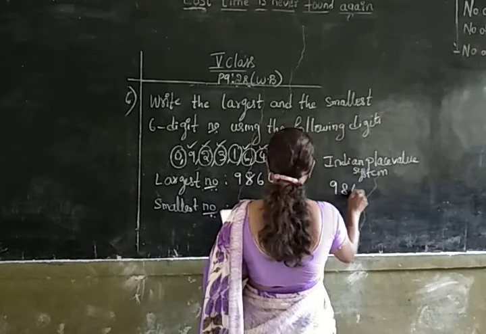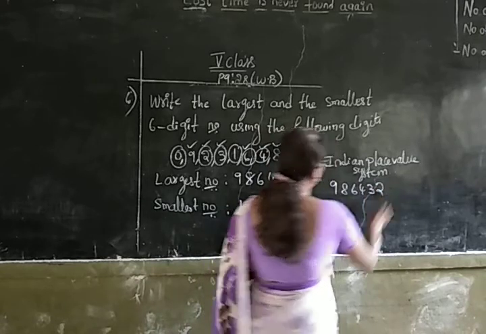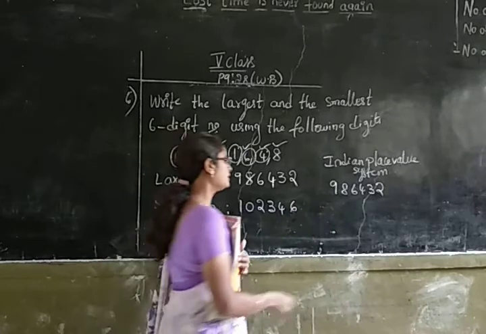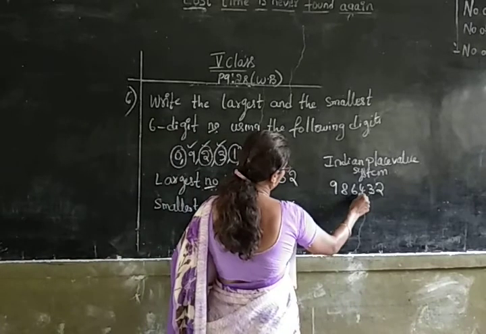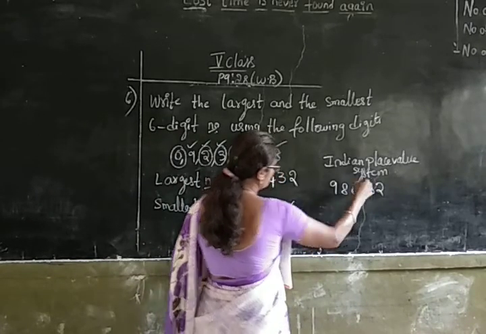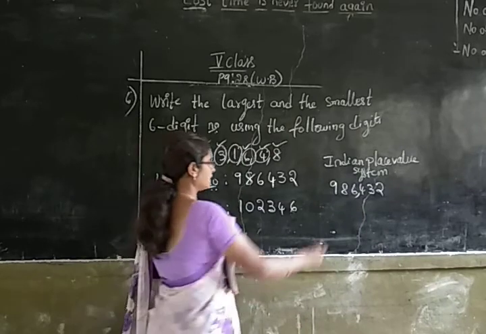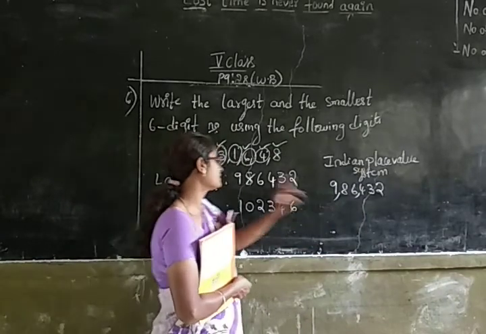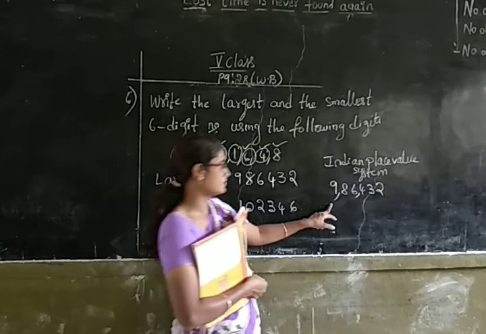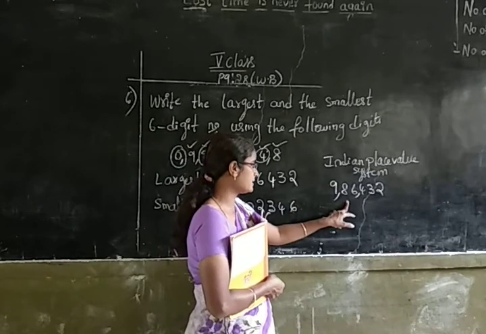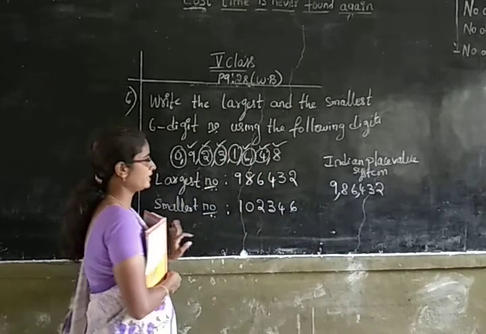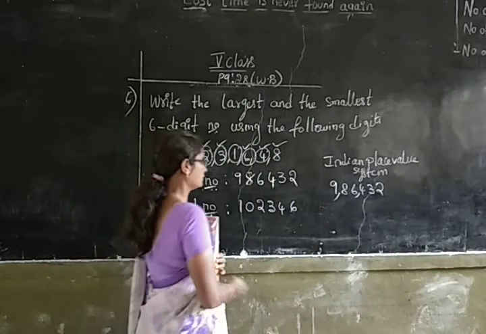You write the number and then place the commas according to the Indian place value system. You have to place the comma after the hundreds place and after the 10,000s place. This is the largest 6-digit number, which is 9,86,432.